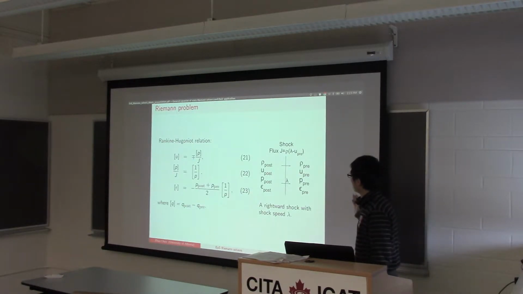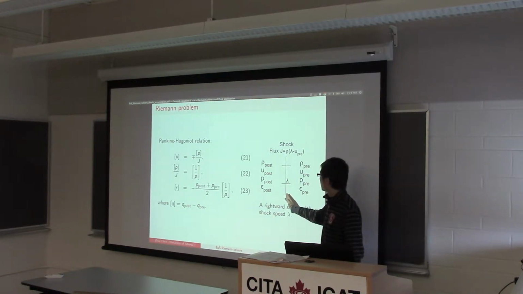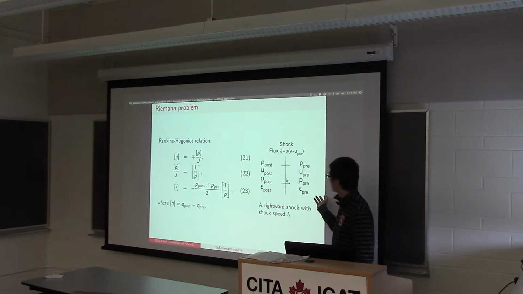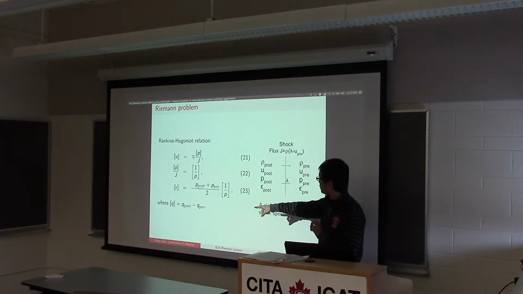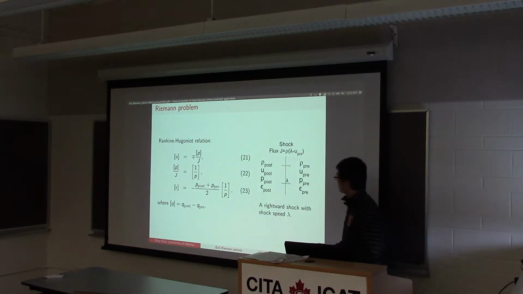This is an illustration of a shock. This is the pre-shocked gas, and this is a shock traveling at the speed of lambda, and this is the post-shock. It has a relation that holds everywhere in a fluid, and that relates the pre-shock state to the post-shock state.